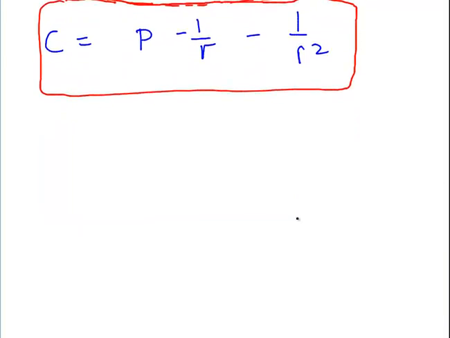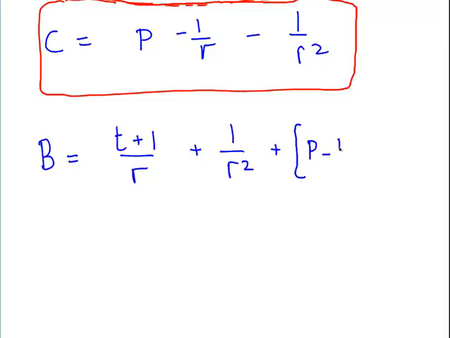Okay, so putting c back in to our formula, we would have b equals, let's just go back up here, what is it, t plus 1 over r plus 1 over r squared plus c, so c is this part here, p minus 1 over r minus 1 over r squared times e to the plus rt.